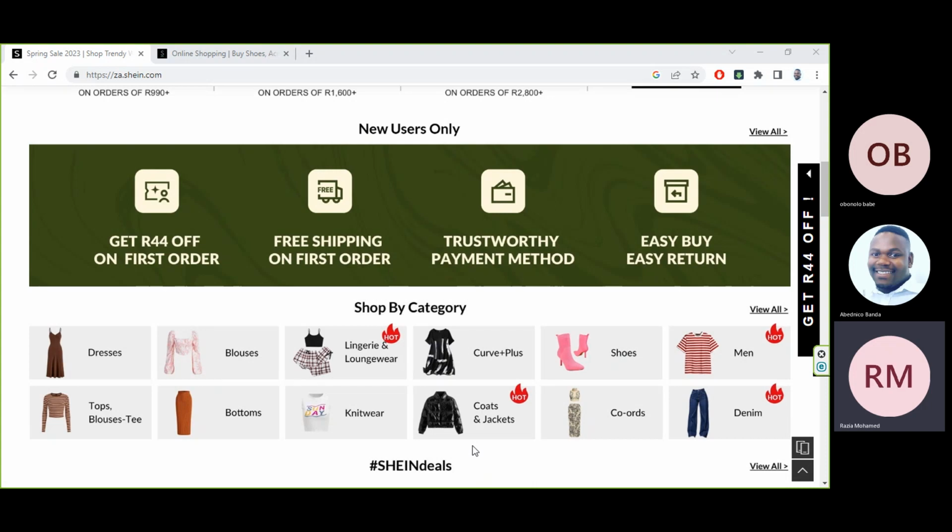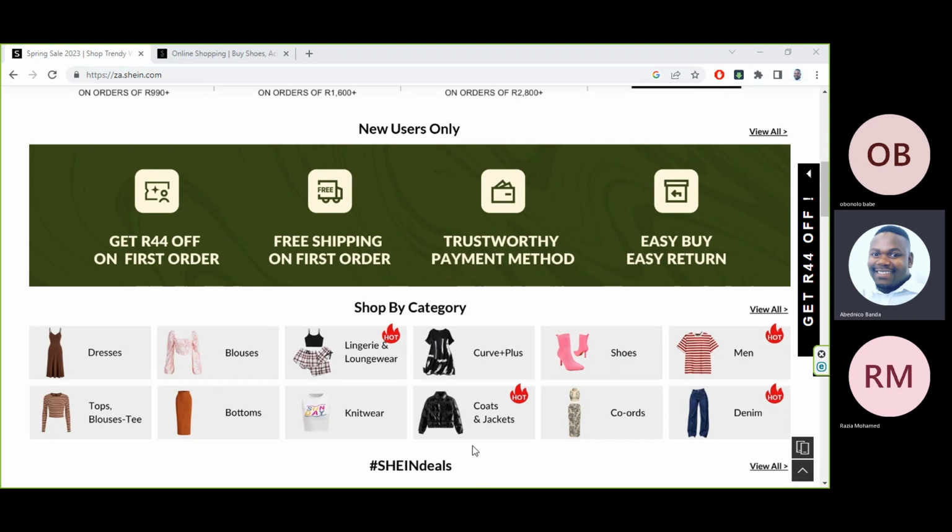So for me, it's very convenient. Shein, I have a good friend who loves Shein. The more you order, the less your shipping will be. So it just depends. I guess it's each man for himself. But for me personally, Superbalist.